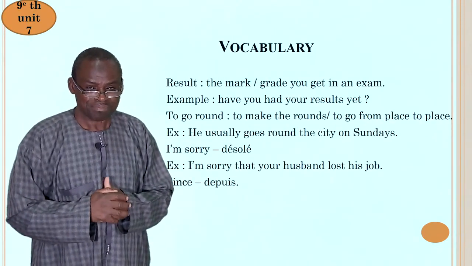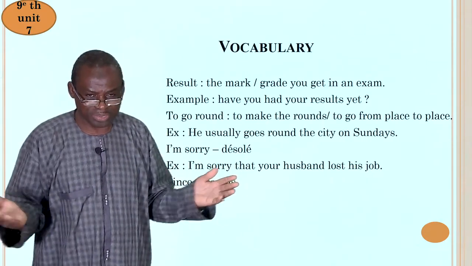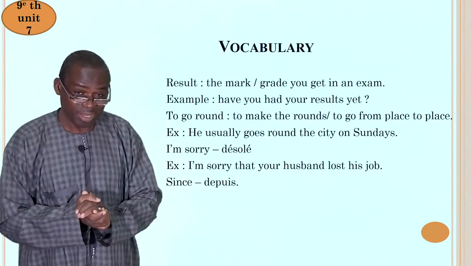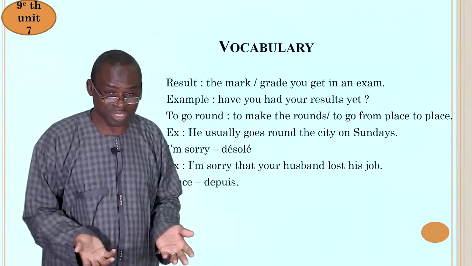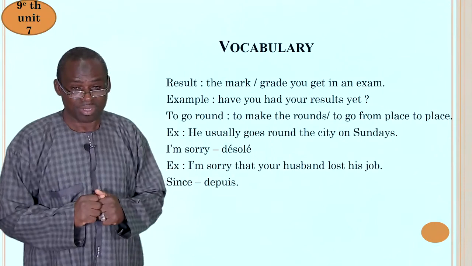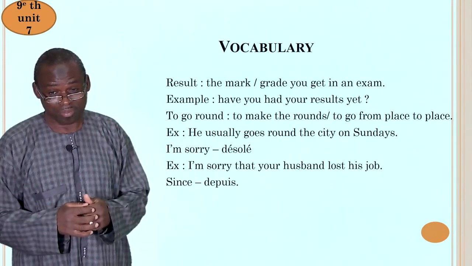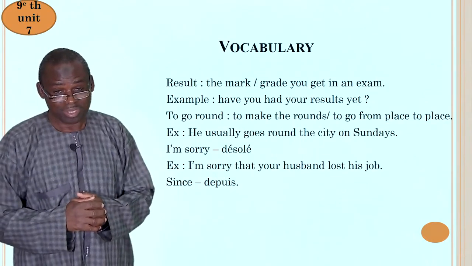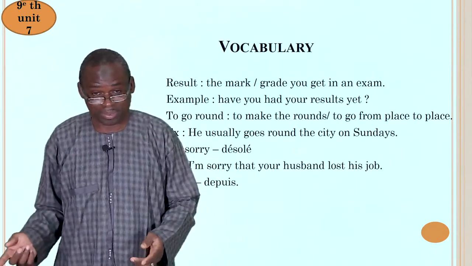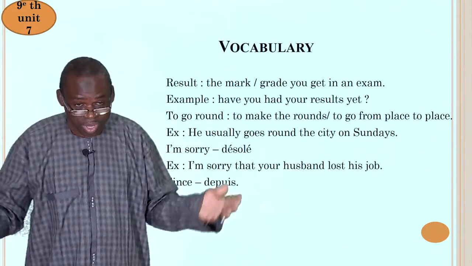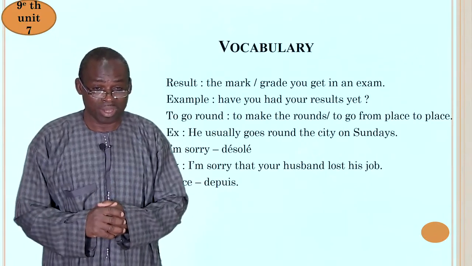Example, he usually goes around the city on Sundays. Okay? He usually goes around the city on Sundays. Sunday is a free day. We have nothing to do, so we have to walk around or to go around the city. Okay? All right.